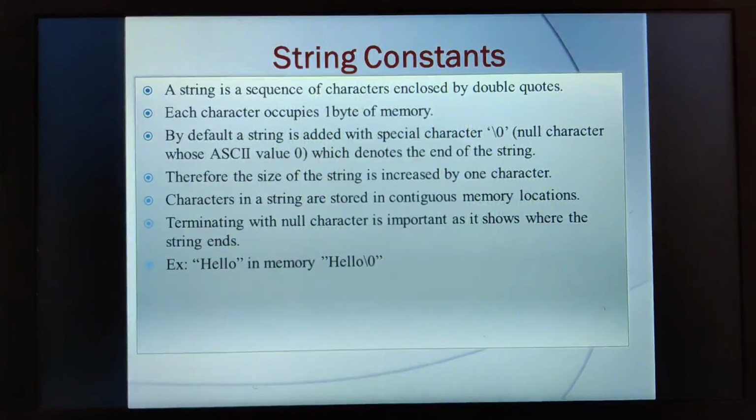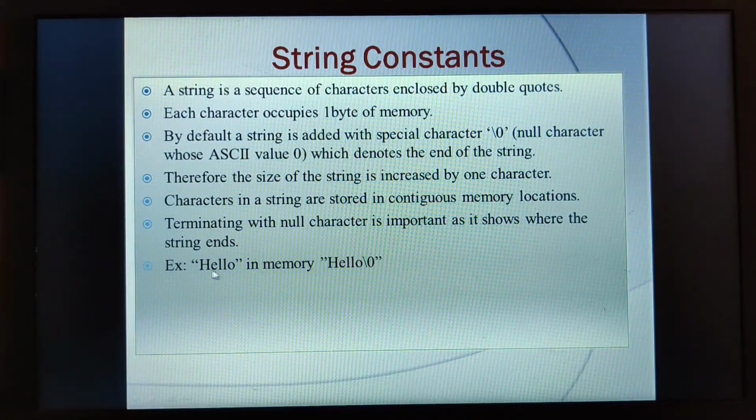Now here, hello is nothing but a sequence of characters, am I right? H is one character, E, L, L, O. These are the sequence of characters. In such a case, if I want to give a sequence of characters, then it should be enclosed in double quotes.